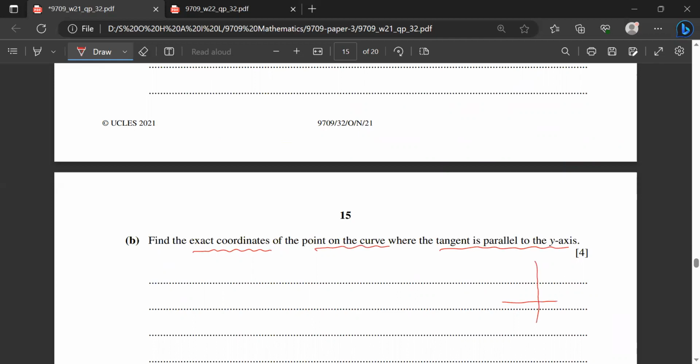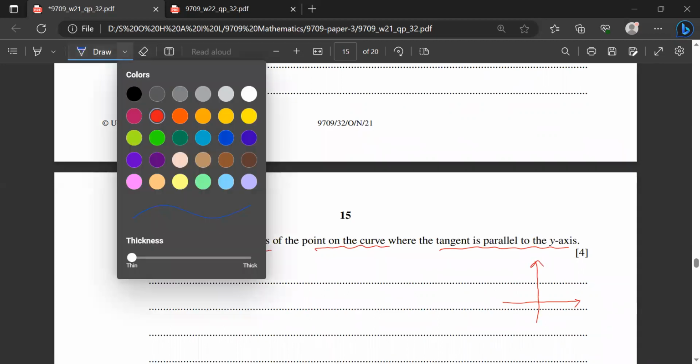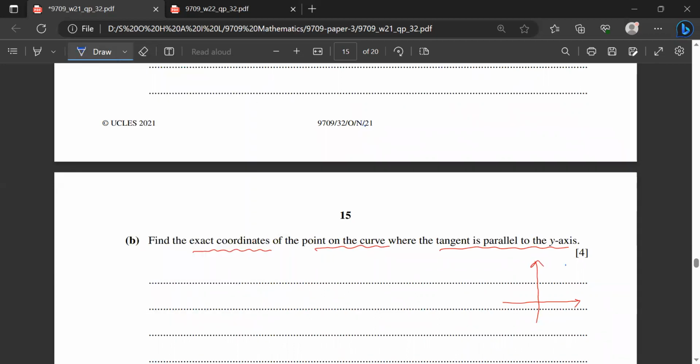So if we have x and y-axis, and if the tangent is parallel to y-axis, say this is the tangent for some case. Any line which is parallel to y-axis, the gradient for that is undefined, or you can say the gradient is 1 over 0.